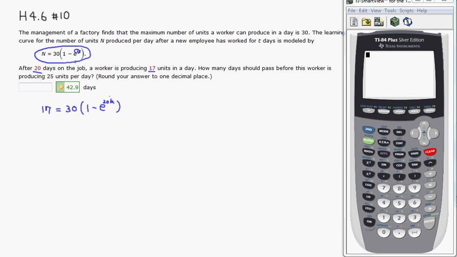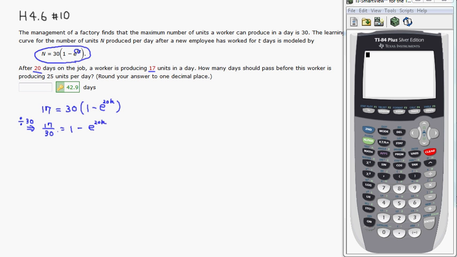So we want to isolate e to the k. I'm going to divide through by 30 first. We get 17 over 30 is equal to 1 minus e to the 20k.